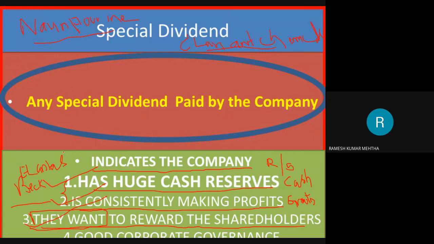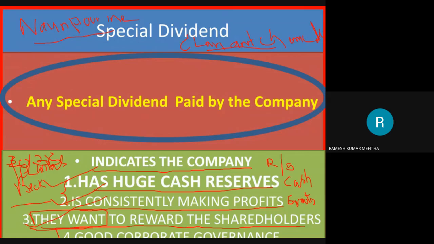See, some companies make profit, but they give a negligible or nominal amount of dividend. But there are some companies whose earnings per share are 40 rupees, and the dividend payout is 38 rupees. So these are considered to be companies that want to reward the shareholders, take care of the shareholders, and be loyal to the shareholders.